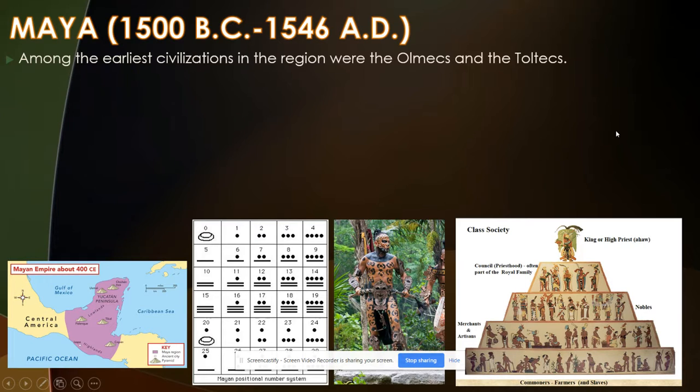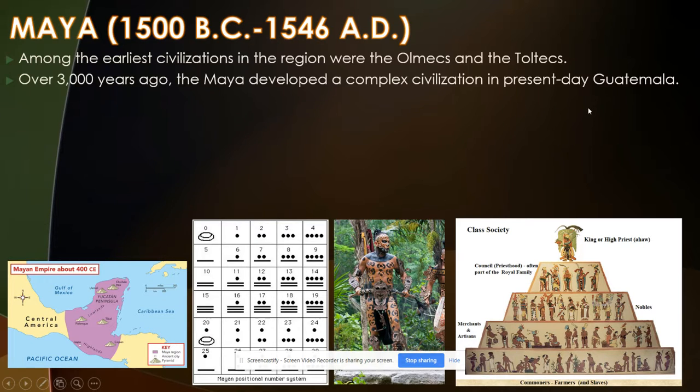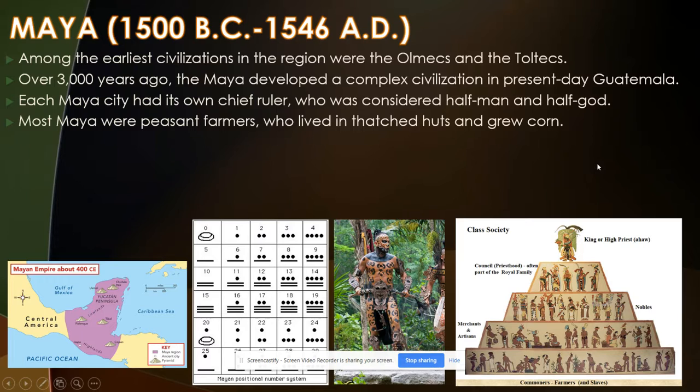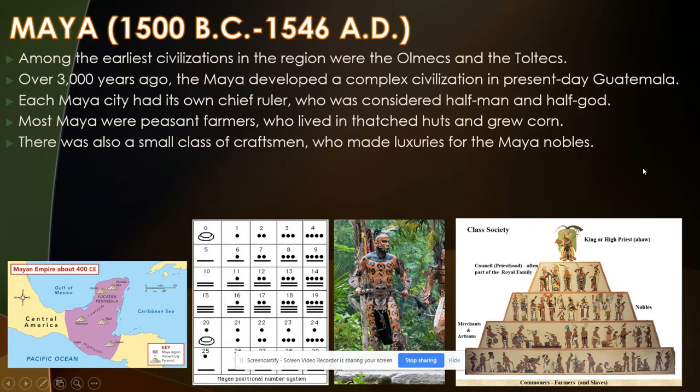So first group, the Maya. Among the earliest civilizations in the region were the Olmecs and Toltecs. So these people were even there before the Mayans. Over 3,000 years ago, the Mayan developed a complex civilization in present-day Guatemala, so down here in Central America. Each Mayan city had its own chief ruler, so it'd be almost like a city-state, who was considered half man, half god. Most Maya were peasant farmers who lived in thatched huts and grew corn.